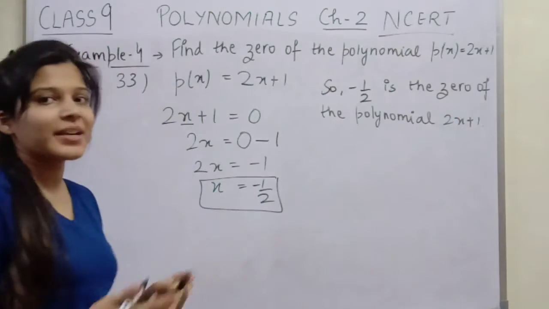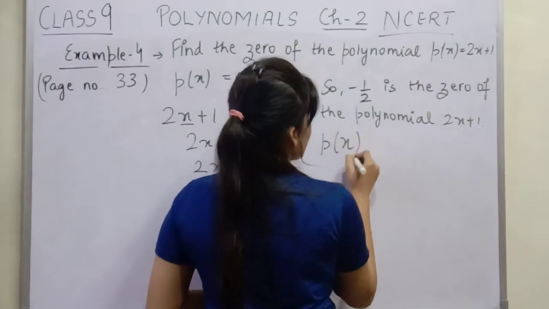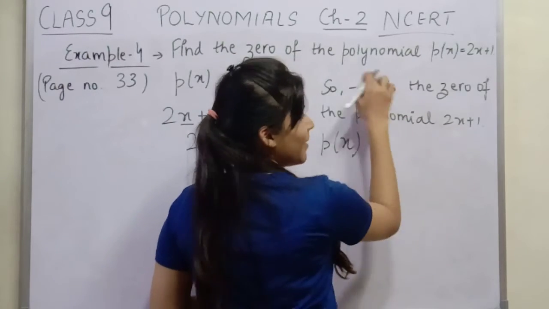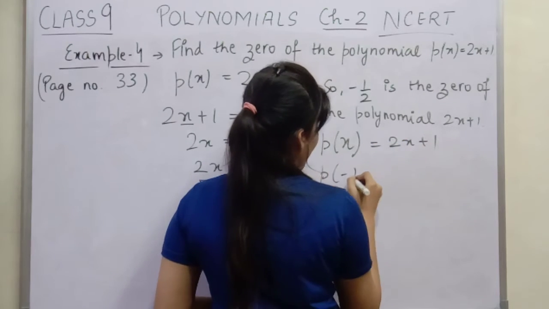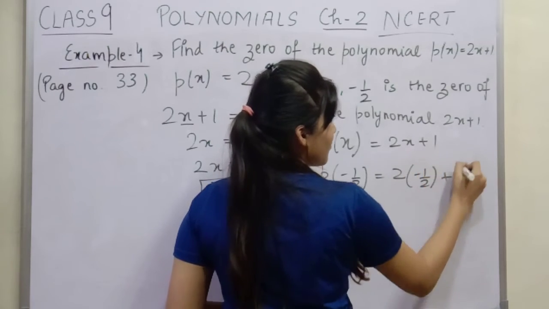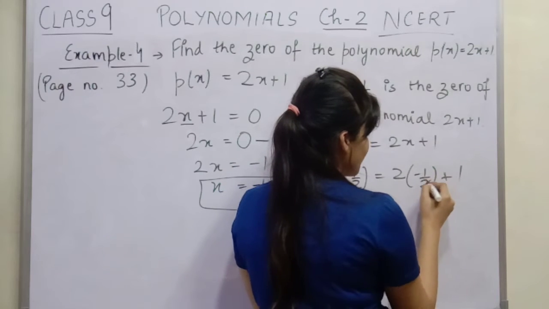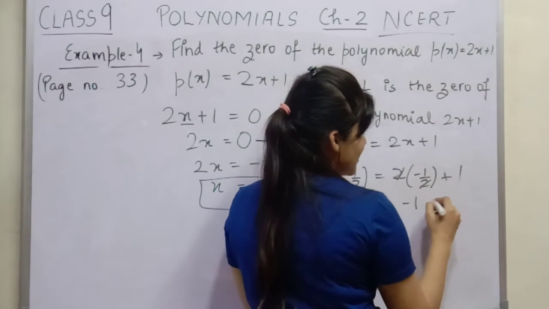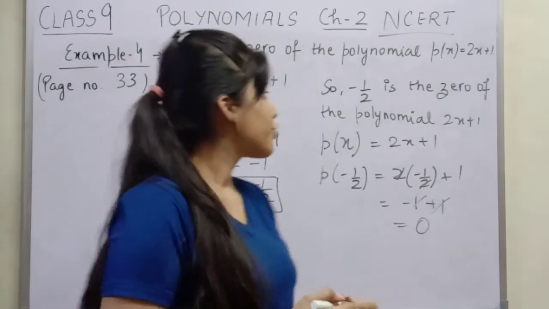See, हम इसको चेक भी कर सकते हैं, x की प्लेस पे -1/2 पुट करके. So let's put that p -1/2 equals to 2 into -1/2 plus 1. So 2 से 2 cancel. So -1 plus 1 which is 0. We got 0, right? So see.